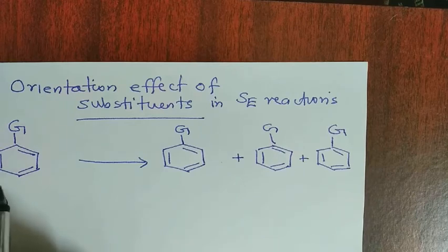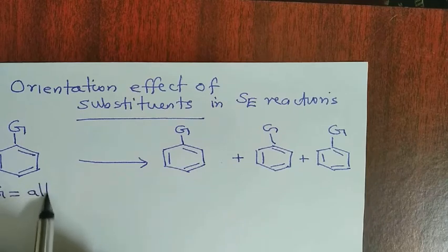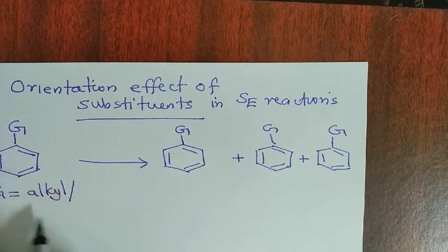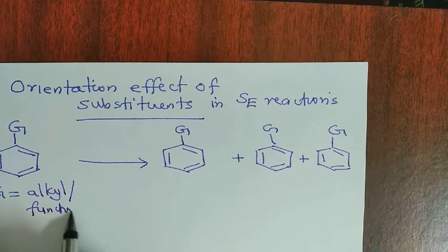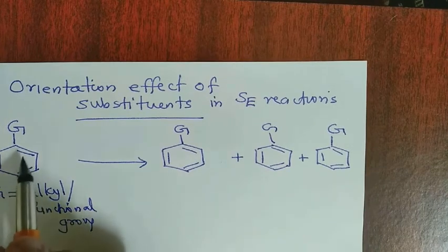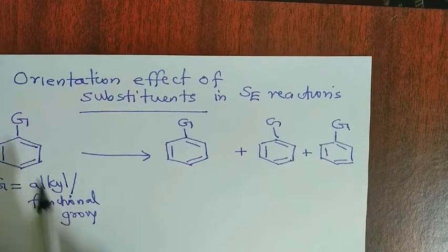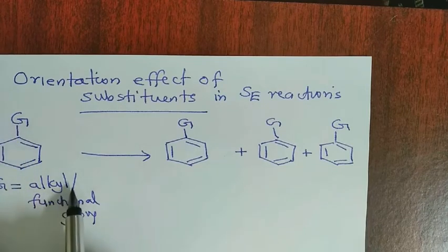That is, G is equal to groups like CH3, CH2CH3, etc., or functional groups like OH group, COOH group, etc. This type of compounds are called mono-substituted benzene, with G equal to an alkyl group or a functional group.